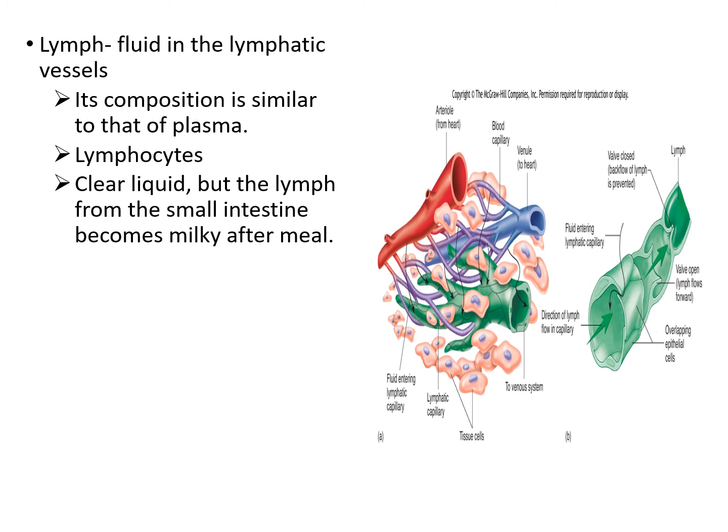So the lymph, or the fluid in the lymphatic system, is almost the same as the plasma, or the fluid part of the blood inside the blood vessel. This blood contains plasma.